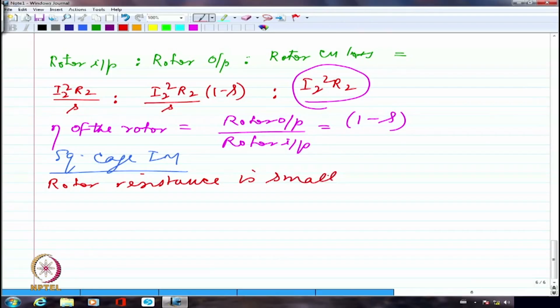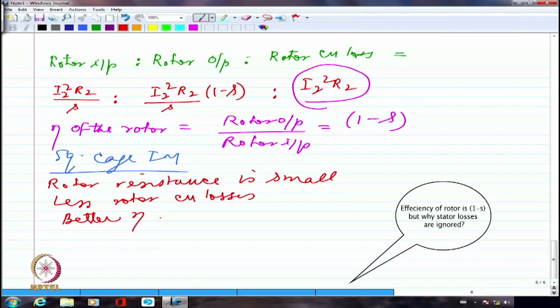Unless I specifically make the rotor bars with some high resistance material, which is very, very unlikely. Why would I like to have lower efficiency? So, I better not make it with high resistive conductor. So, I will make it with aluminum or copper, because of which the resistance of the rotor bars are going to be small. So, I will have less rotor copper losses. So, better efficiency.